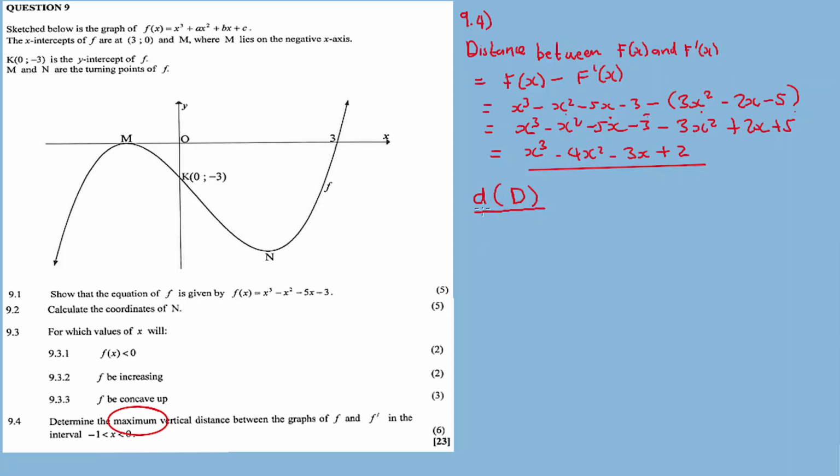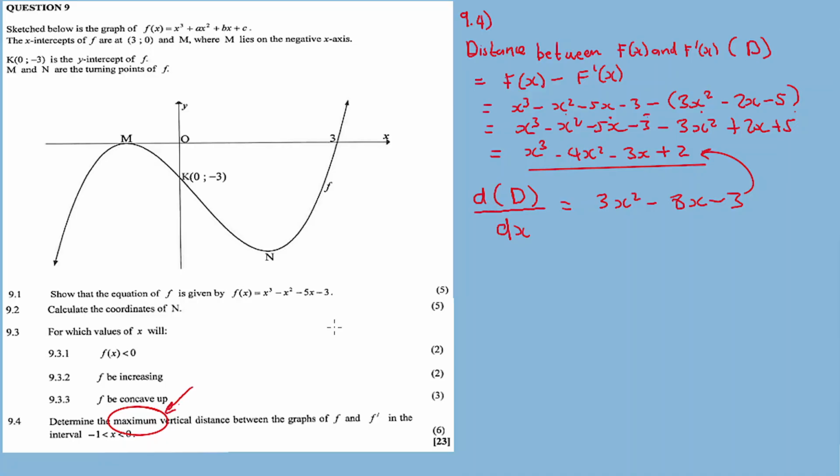So the derivative of d, which is the distance between f and f prime, d over dx, is equal to 3x squared minus 8x minus 3. This is the first derivative of the distance between f and f prime. I take the first derivative because I want the maximum distance.